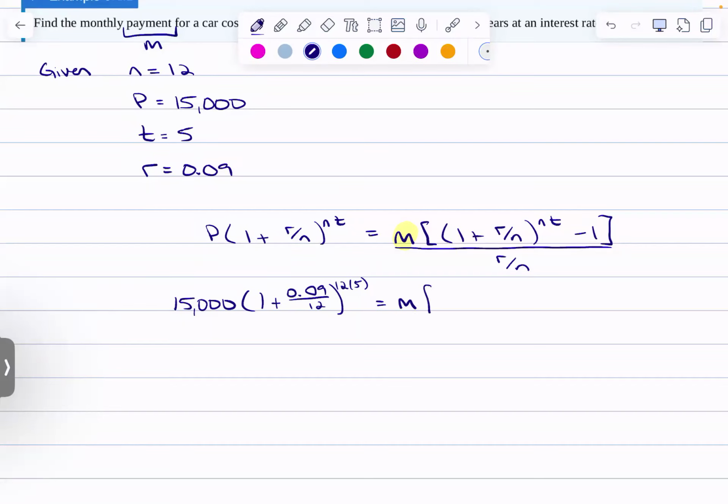Trying to solve for m, but for now we're just plugging in all our values. 0.09 divided by 12 to the power of 12 times 5, then minus 1. Don't forget that minus 1, divided by 0.09 divided by 12.